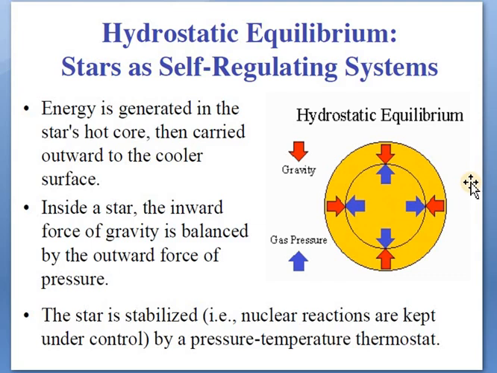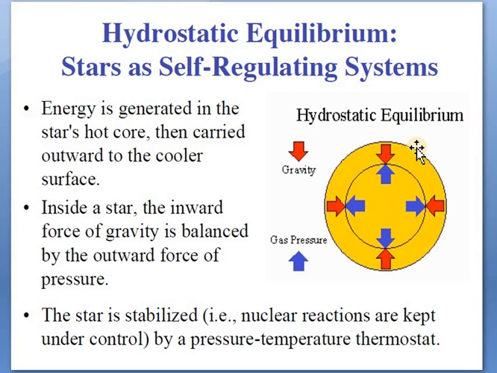As you can see from the picture, gravity acts inwardly, while the gas pressure acts outwardly, and these two are balanced. When they are balanced, we can say that the star is stabilized by the hydrostatic equilibrium.